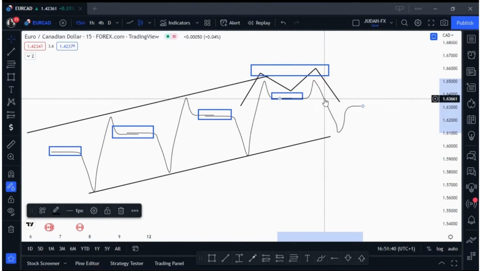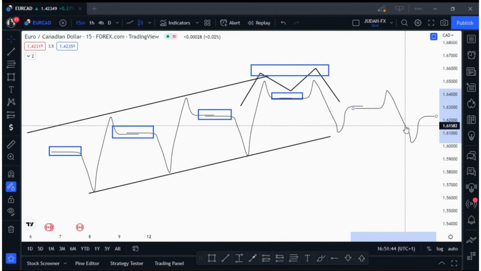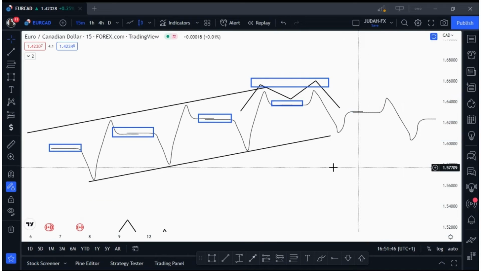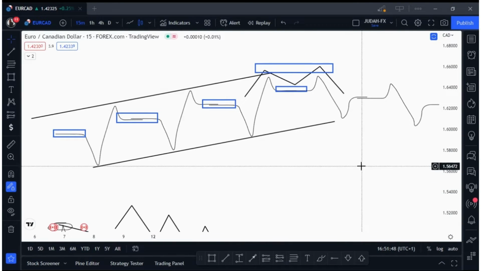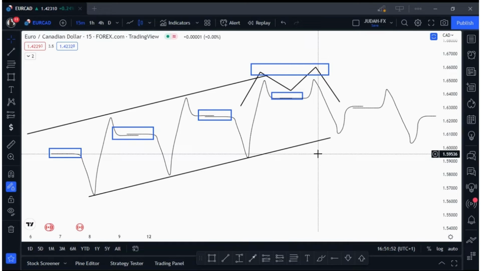And then if you copy and paste this one, you get your downtrend, and the cycle goes on and on, right? So that's how they form the trends. This is how they form the structure of the markets.